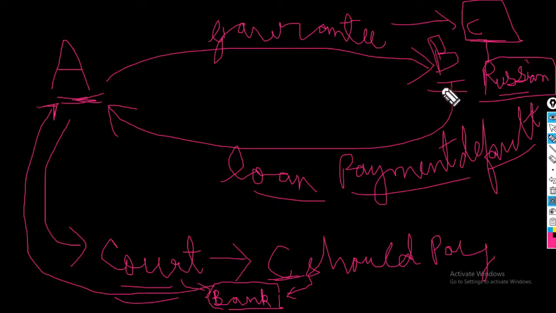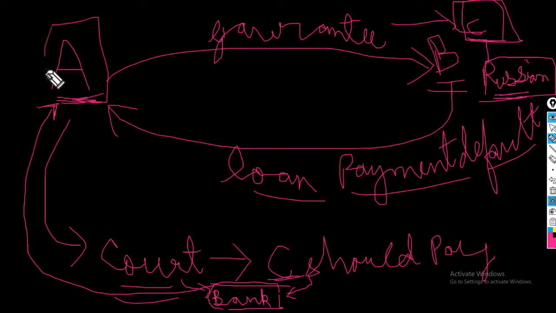Hence, once the loan was defaulted, the matter went to the court, and the court said that the amount should be transferred by C via a bank account. All the money that C had was from people of Russia. So indirectly, who is the owner of these companies?